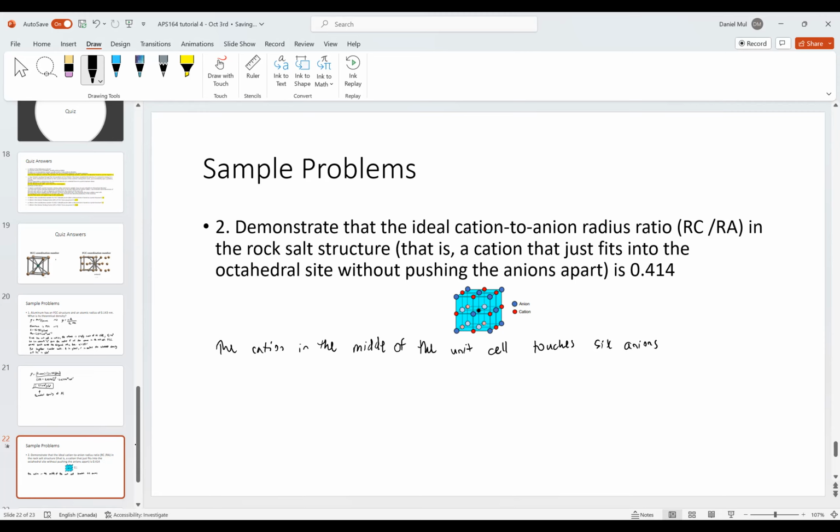So 1, 2, 3, 4, and then 6, in the middle of the faces.